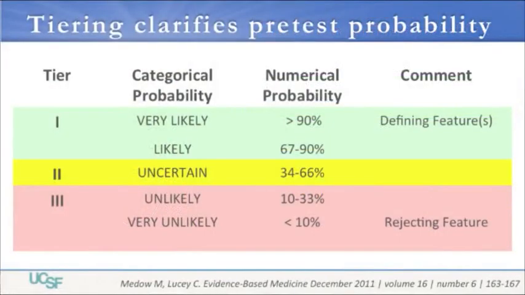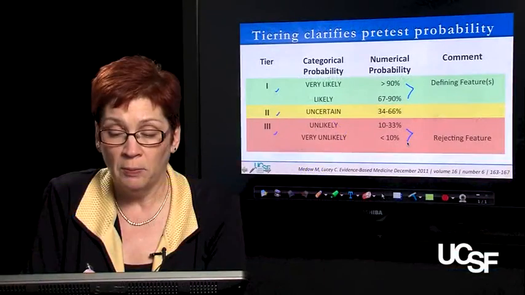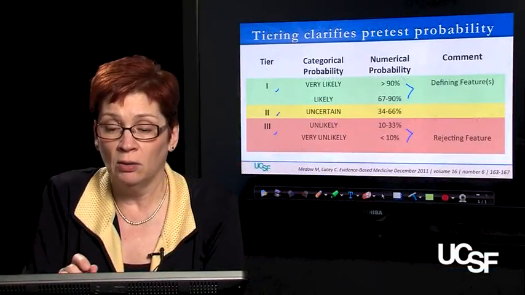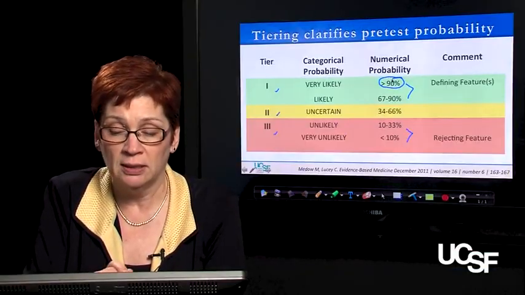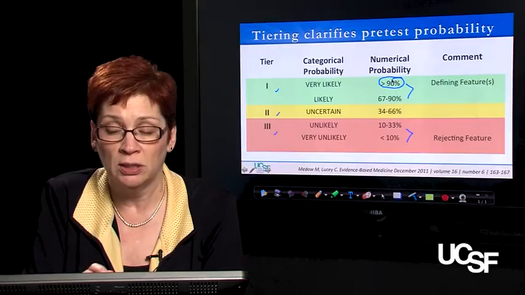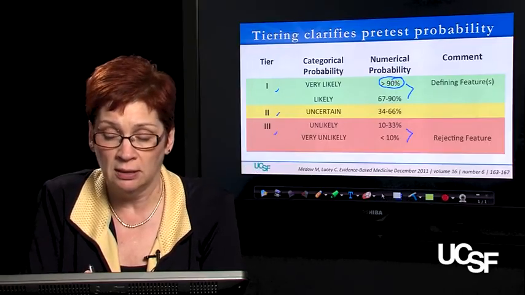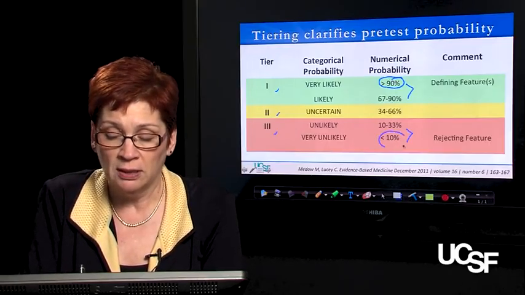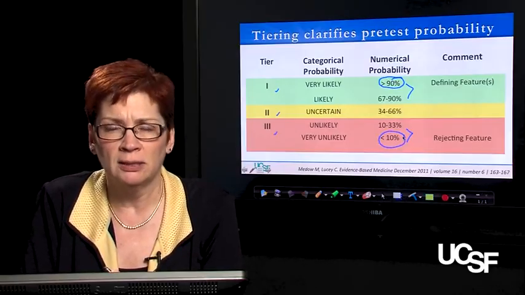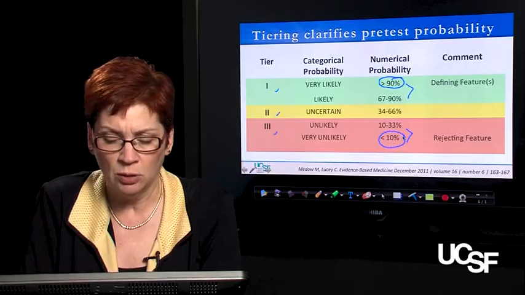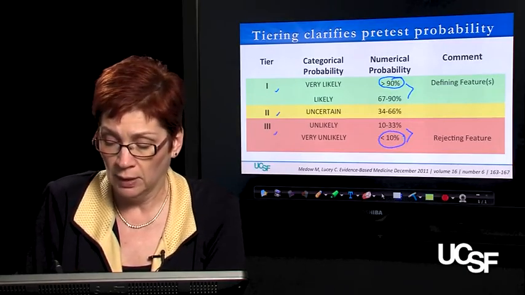So recalling our tiers 1, 2, and 3, remember we split both tier 1 and tier 3 into two categories, depending on whether or not there was a classic feature present that only occurred in one disease, and that would be a very likely disease, or if there was a feature present or exhibited by the patient that really essentially ruled out the condition, we called that very unlikely.